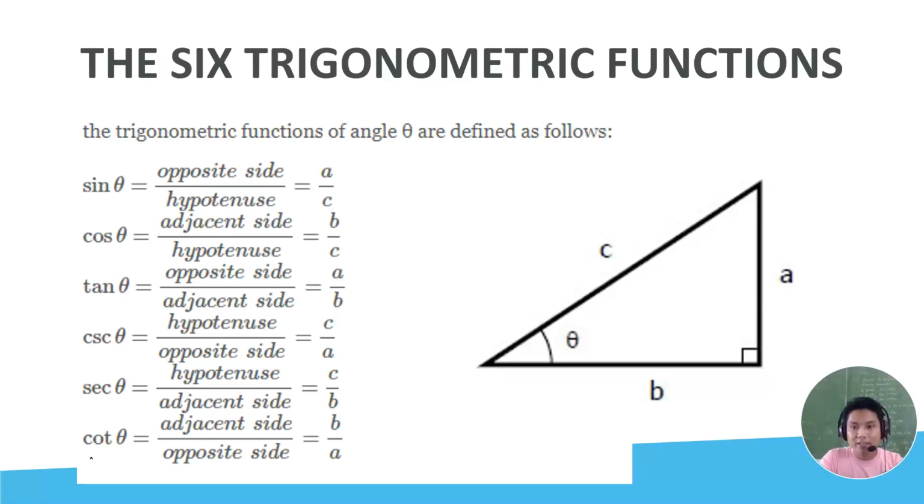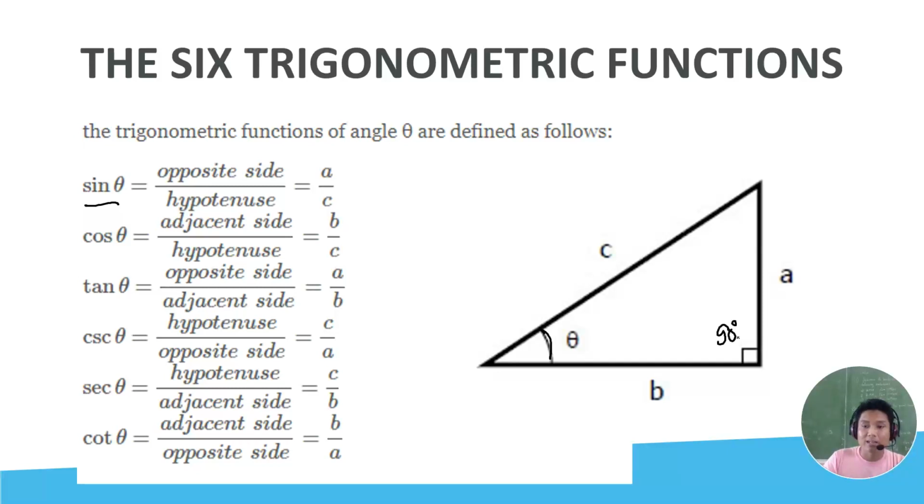So for the sine function, the sine of this angle is equivalent to the opposite side A over the hypotenuse. So kung meron tayong right triangle dito, by the way, a right triangle is a triangle having an angle of 90 degrees.